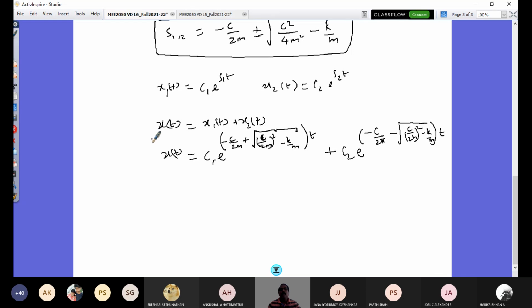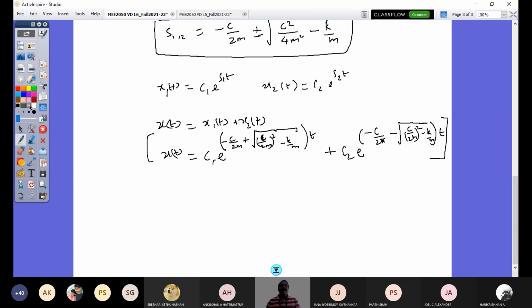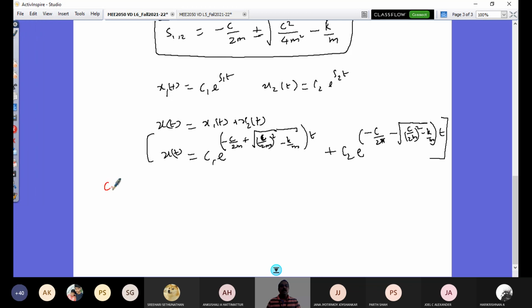Before getting into that, let us look at another interesting definition that can make this very compact. That's what is called the critical damping. We have learned what damping is, and we'll introduce critical damping and another one called the damping ratio. Now let's look at critical damping.